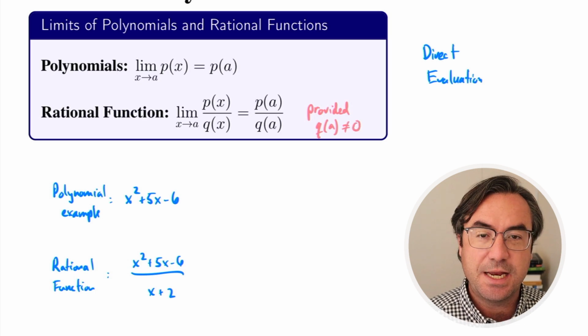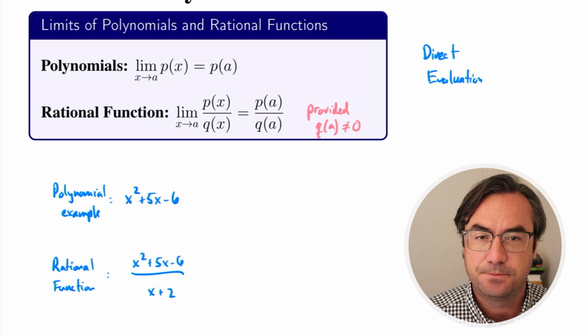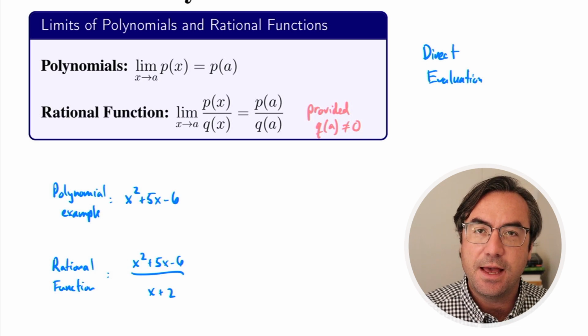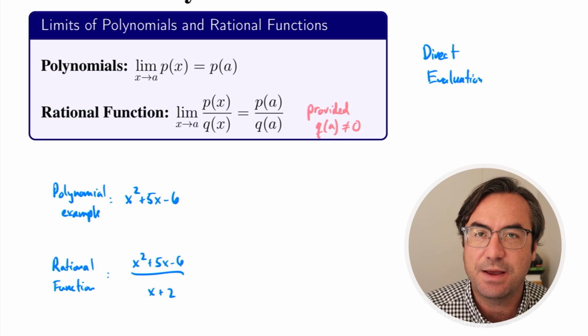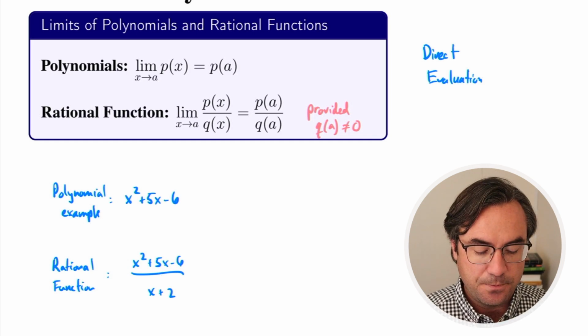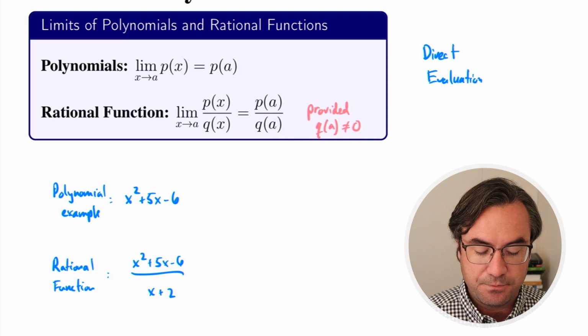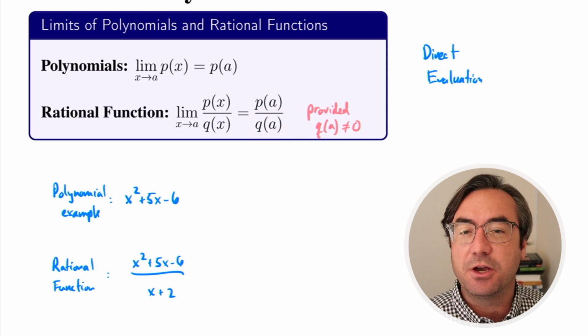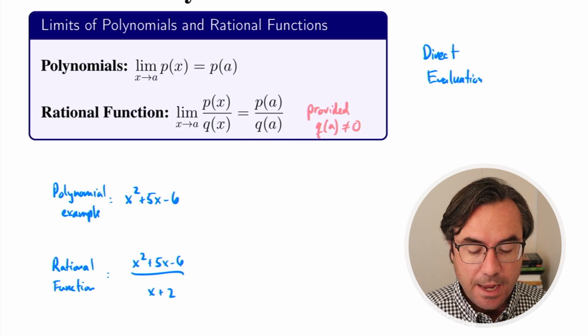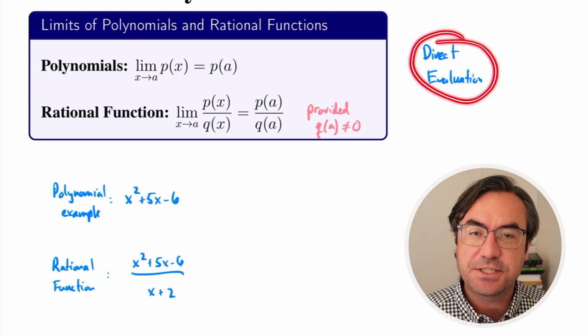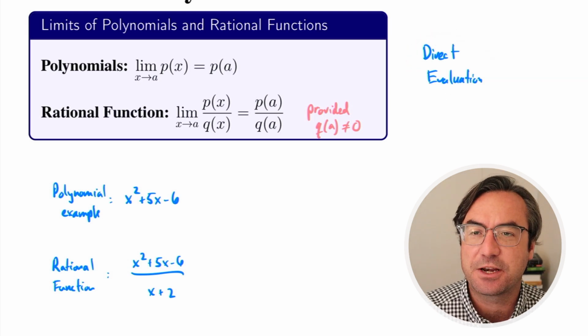When we plug into the denominator, we can't get 0. If we get 0, then we have to do something else. So if we get a 0 down here, we've got to be careful. If this is not 0, then it's perfectly good. And in each of these cases, we're going to call this step direct evaluation.